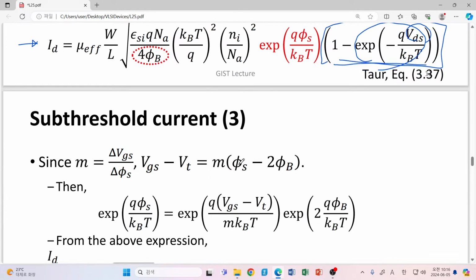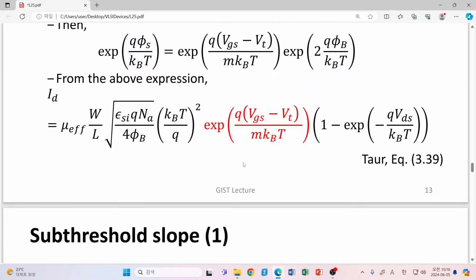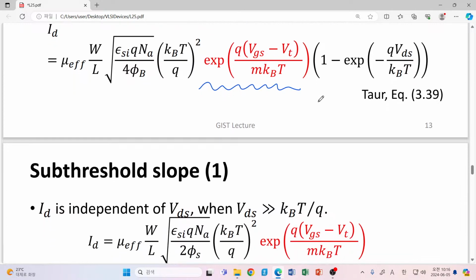After that, in the next slide, I make a conversion from our surface potential into gate voltage using a restricted expression. Then it can be expressed in this form. What is the difference? Previously, we used the exponential dependence on electrostatic surface potential, but this surface potential is converted into our gate potential.